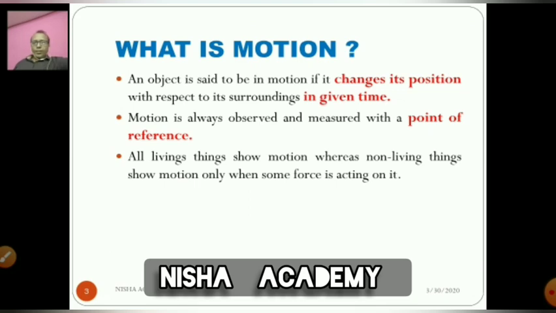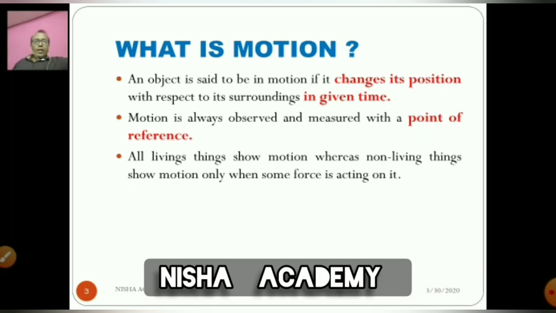What is motion? An object is said to be in motion if it changes its position with respect to its surroundings in a given time. As an example, suppose you are walking. When you are walking, you are changing your position with respect to a stationary point.